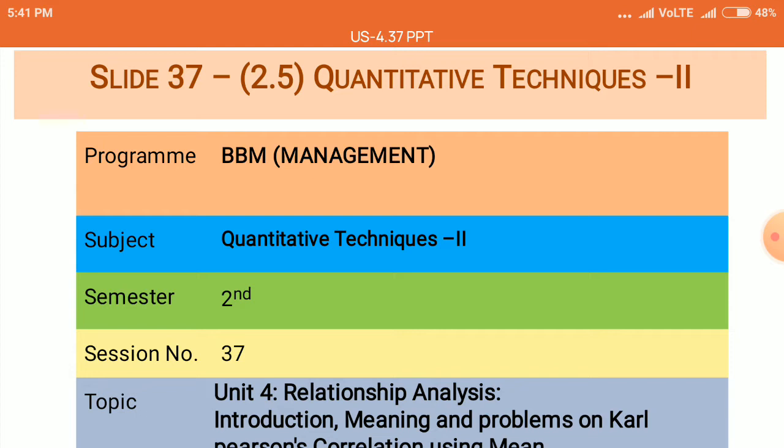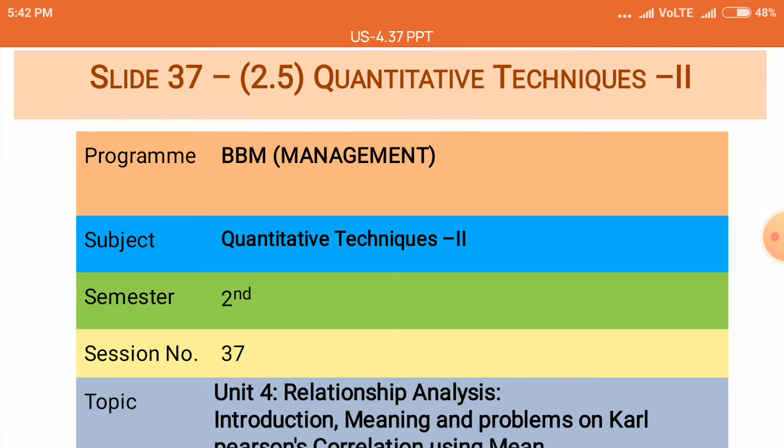Therefore, these are the variables between which some relationship exists. So correlation is a statistical tool which is involved in the subject in order to find the relationship of these variables.